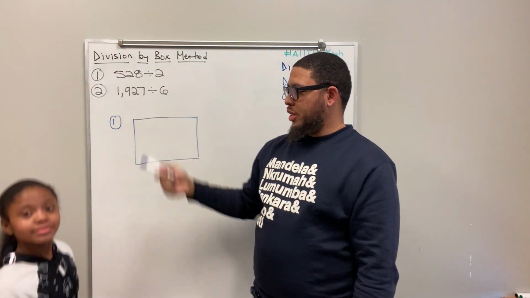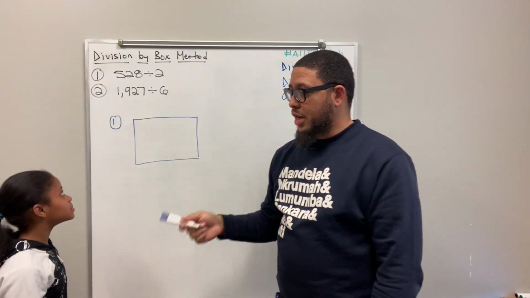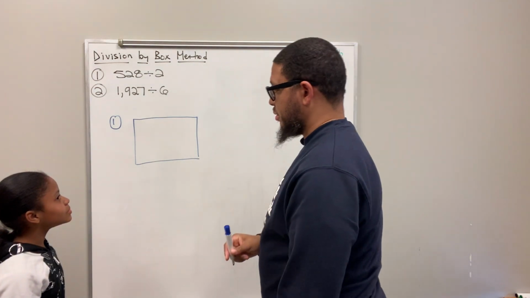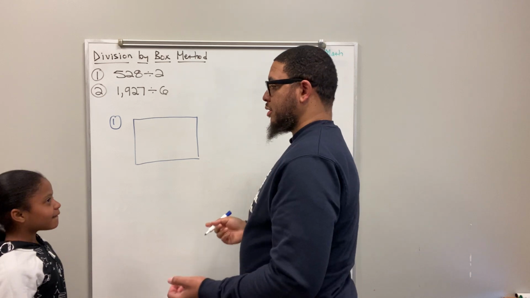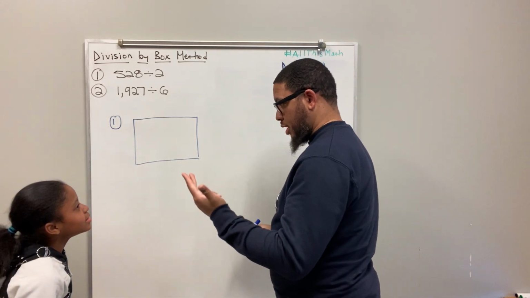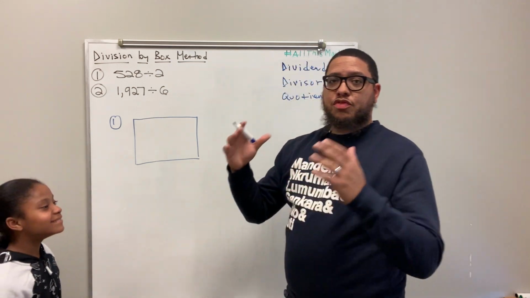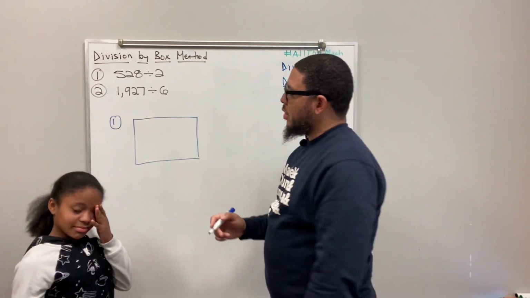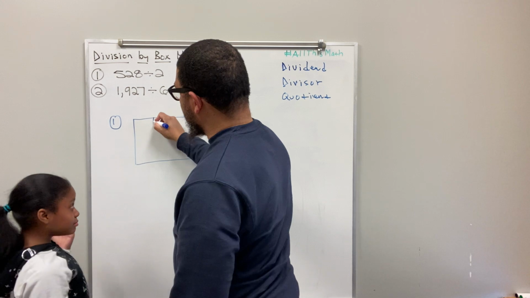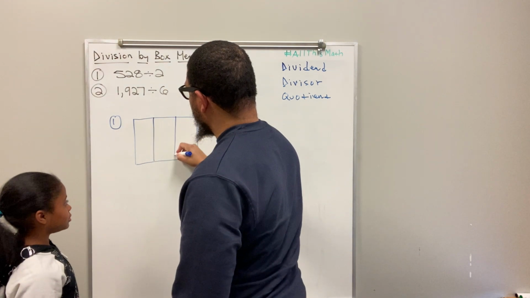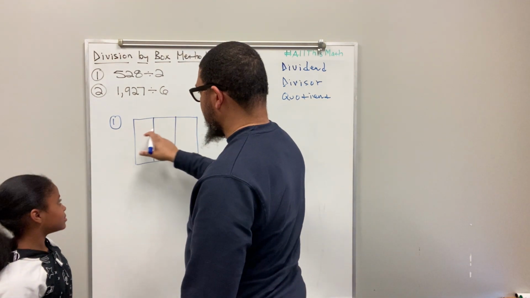This is 528. How many digits is that? 5, 2, 8. 3. Exactly. Because 528 has 3 digits, we draw 3 columns. Two lines make 1, 2, 3.